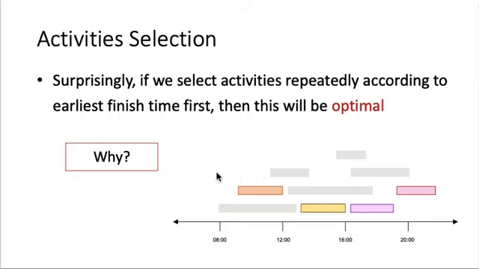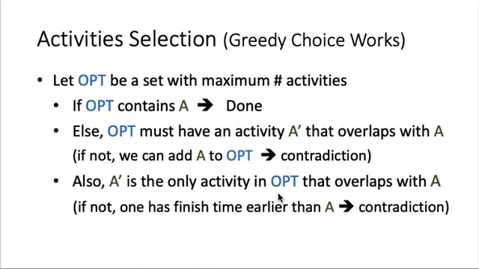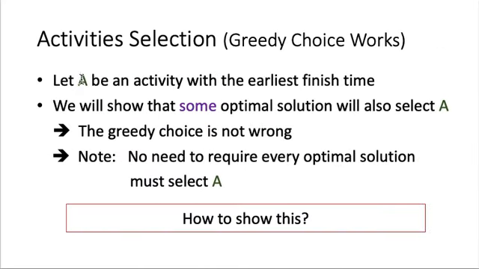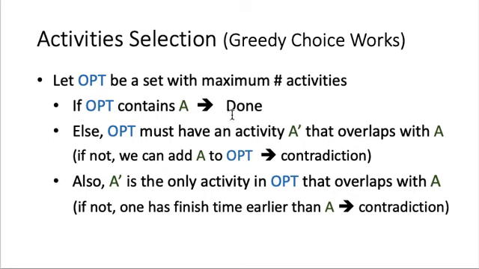So the one that is earlier must have a finishing time before the finishing time of A. And that will give us a contradiction, because A is the activity with the earliest finishing time. So in that case, we have established that opt, if it does not contain A, must have exactly one activity, A prime, that overlaps with A.